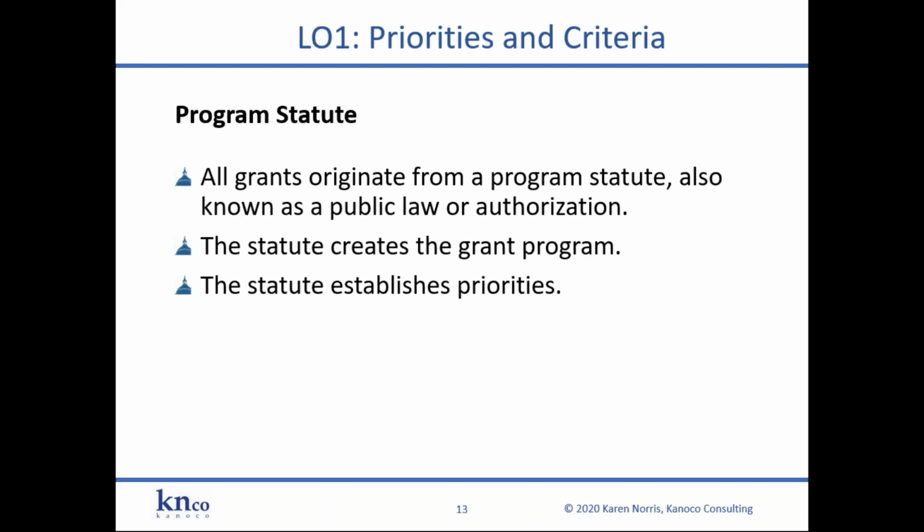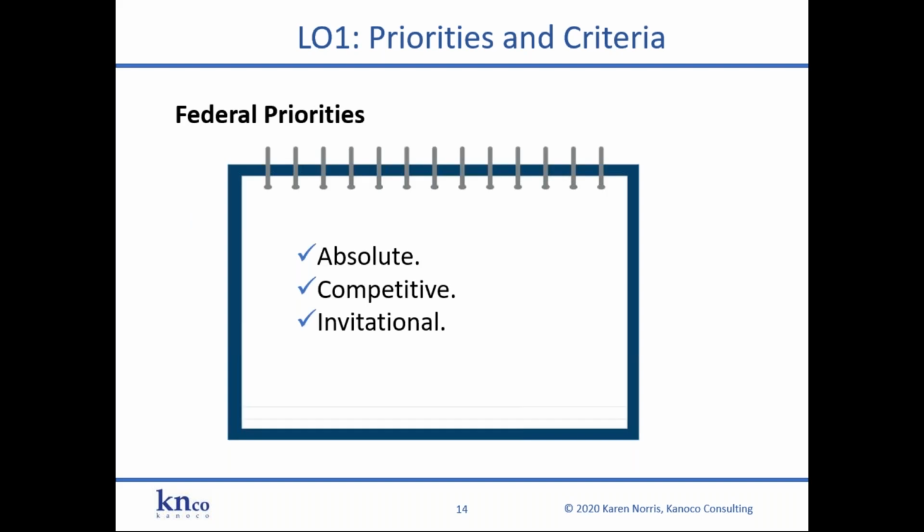So that's equally important. And then this statute is where the priorities are found and certainly where they come from for the grant. And the statute should be referenced in the solicitation guidelines.